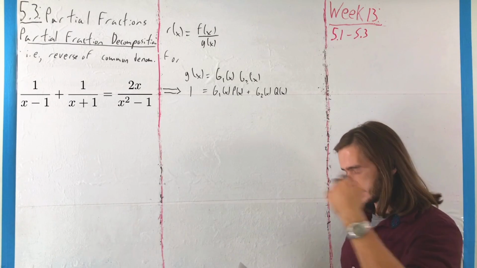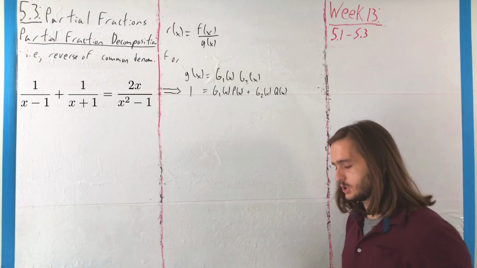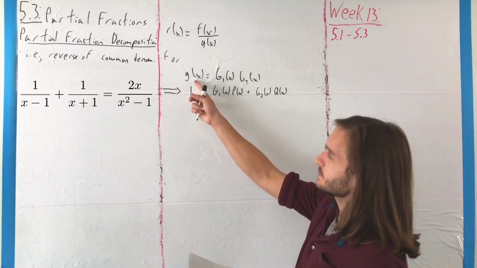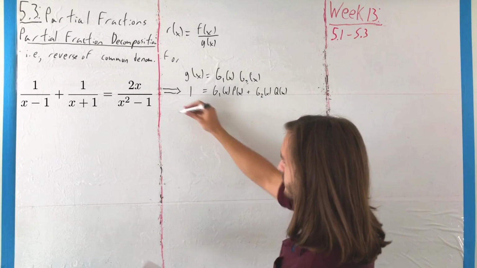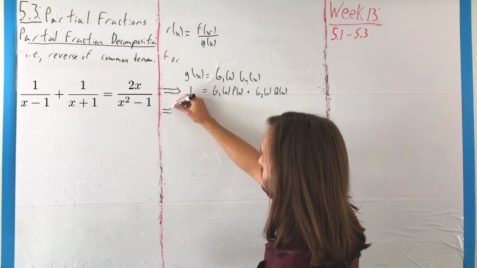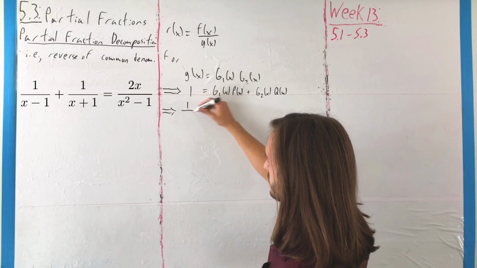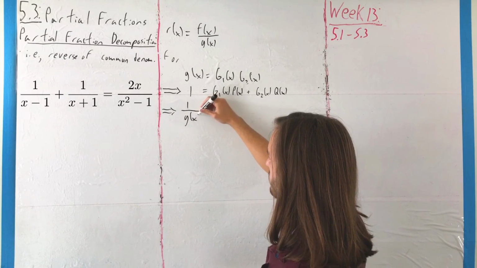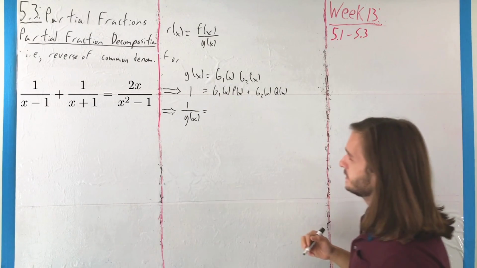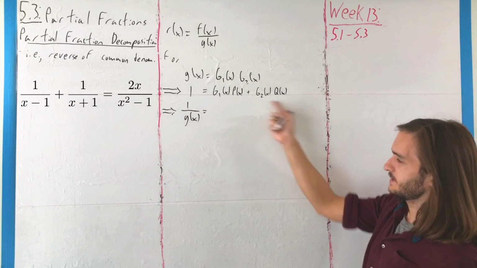But we can take this another step further. We can take this into another direction if we divide both sides by g. Because if we divide both sides by g, we can recognize that over here we would have 1 over g. And on this side, we're dividing all of this by g.